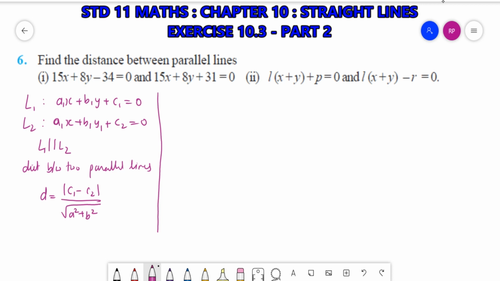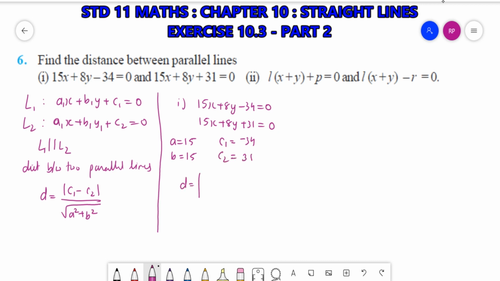So now let's see the first one. It's 15x + 8y - 34 = 0 and 15x + 8y + 31 = 0. So here a and b are both the same in both the lines, and c1 is equal to -34 and c2 is equal to +31.